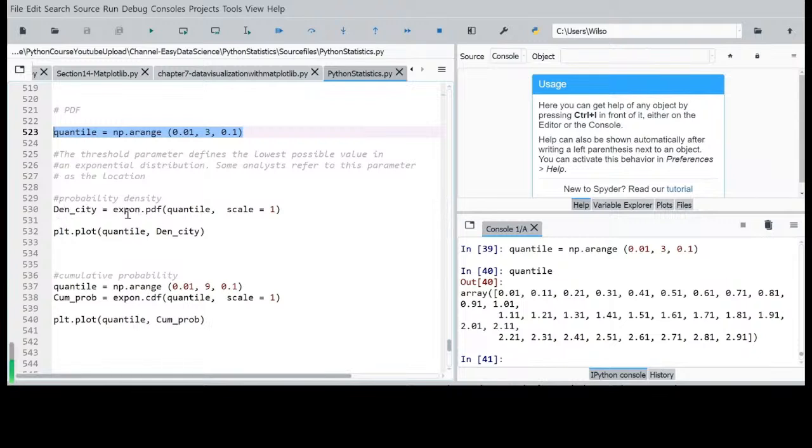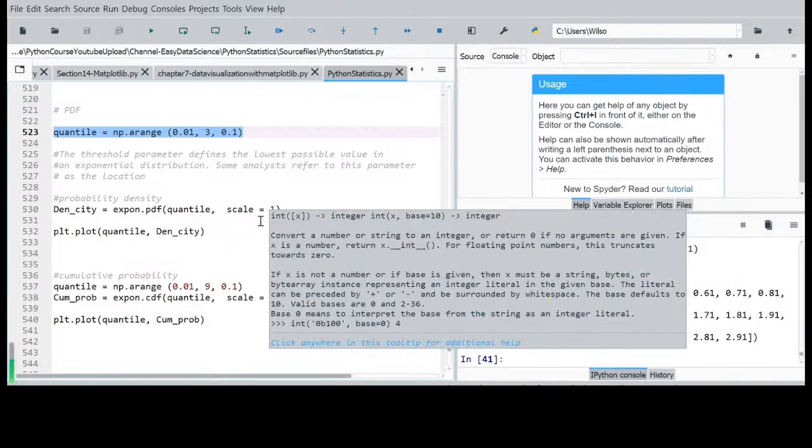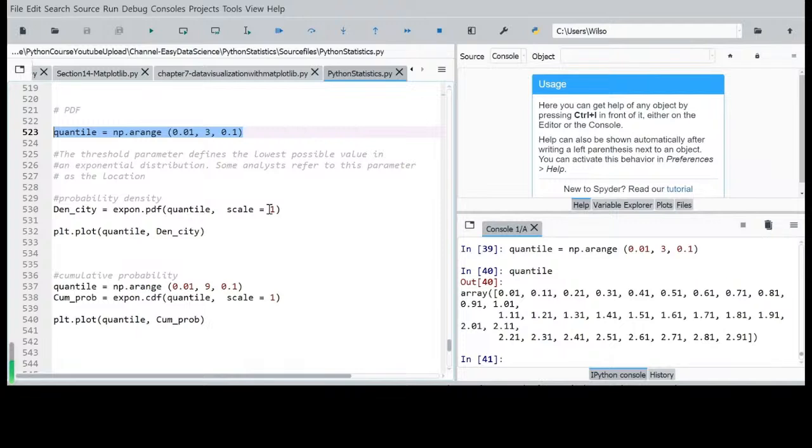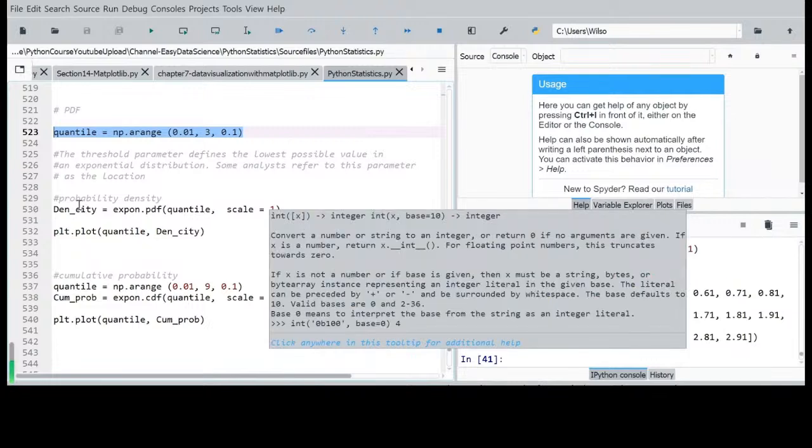Next we will use the function called PDF in the expon module, the probability density function, to calculate the density of this array. We use scale 1, which means beta equals 1, so the average time between two events is 1.